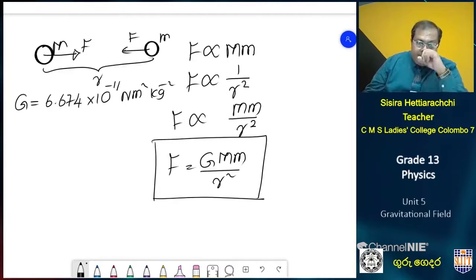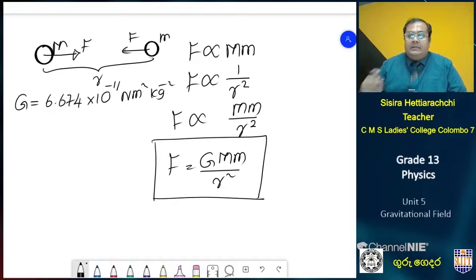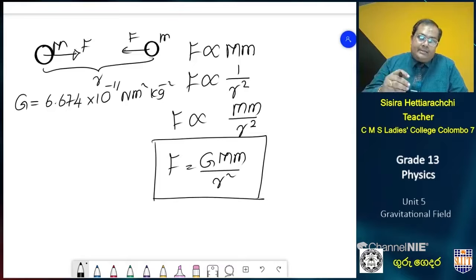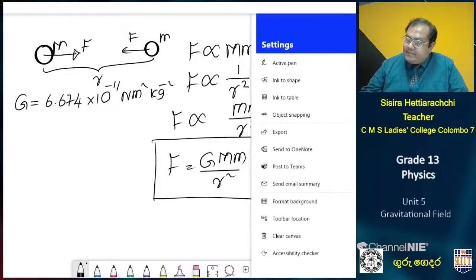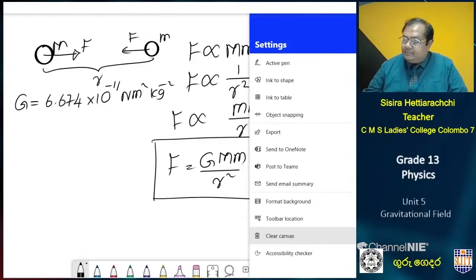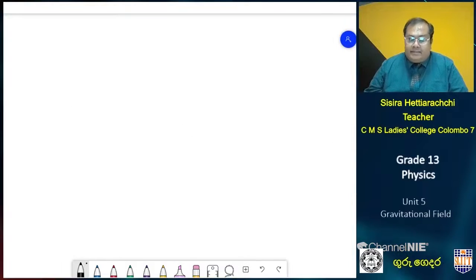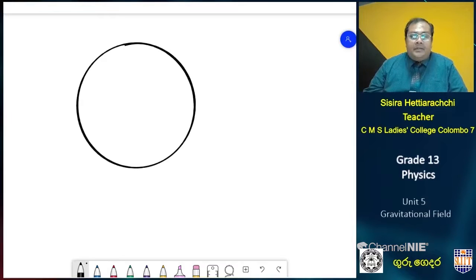Now we can study the motion of the earth around the sun. We can find the mass of the earth, the mass of the sun, and study satellites. I'm going to discuss first how to find the mass of the earth. Consider this is the mass, right?